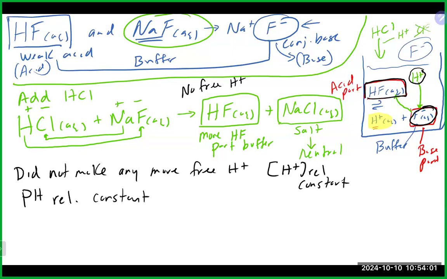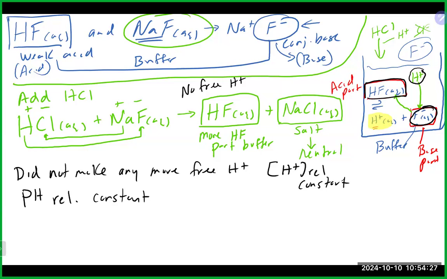I say relatively constant because the truth is if you add acid to a buffer, you will see the pH go down a little bit because you are now increasing the amount of HF, which will break apart a little bit and add just a little bit more H plus than was there to begin with. But you will not see a ginormous jump in pH.